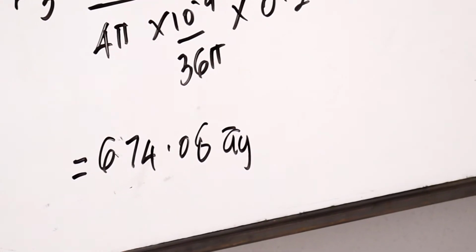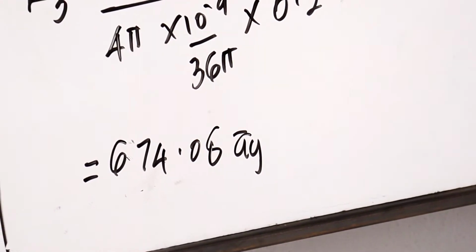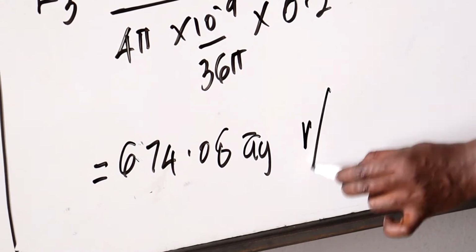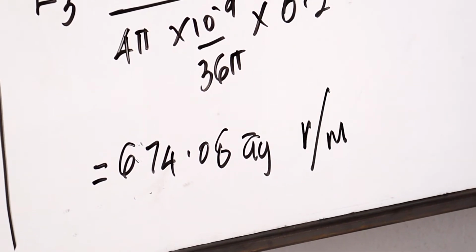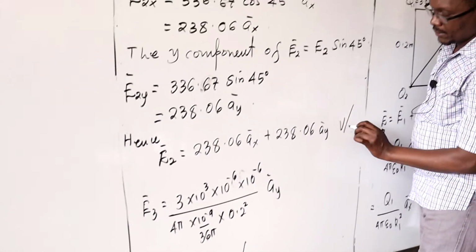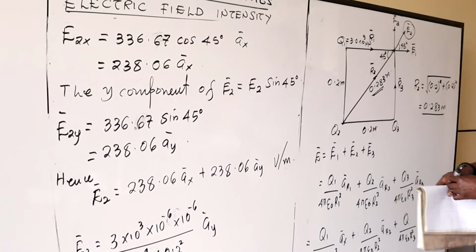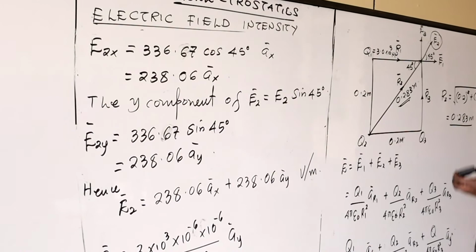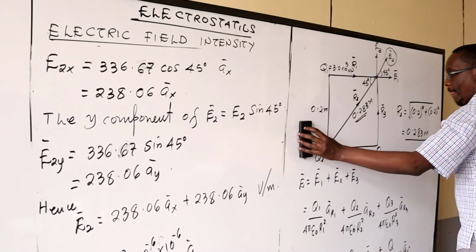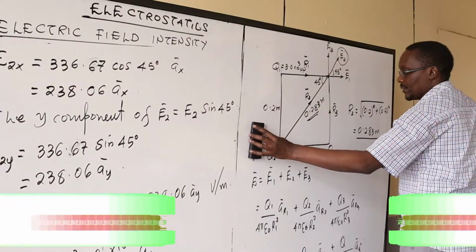So then we add all our values so that we get the final electric field strength. So if we add our values, we don't need our drawing.